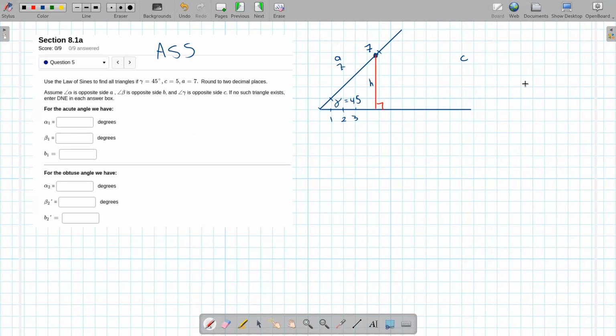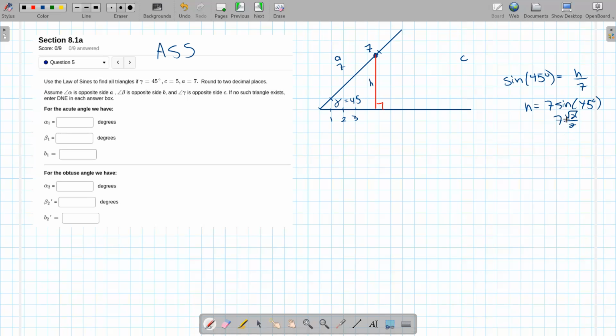So what I know just by looking at this picture is that the sine of 45 degrees is equal to the height over 7. Or I could solve for the height. The height has to be equal to 7 times the sine of 45. And I know that the sine of 45 is the square root of 2 over 2 times 7.